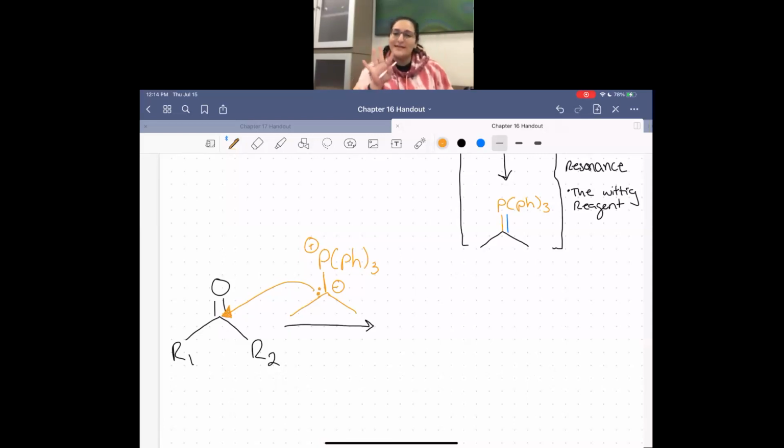This carbon doesn't like that, so now it's going to use these electrons to push up to the oxygen, and the oxygen is going to attack the phosphorus. There's so much happening, right?